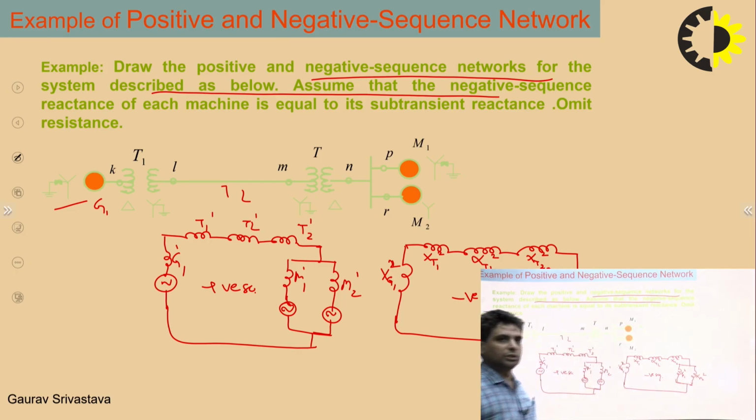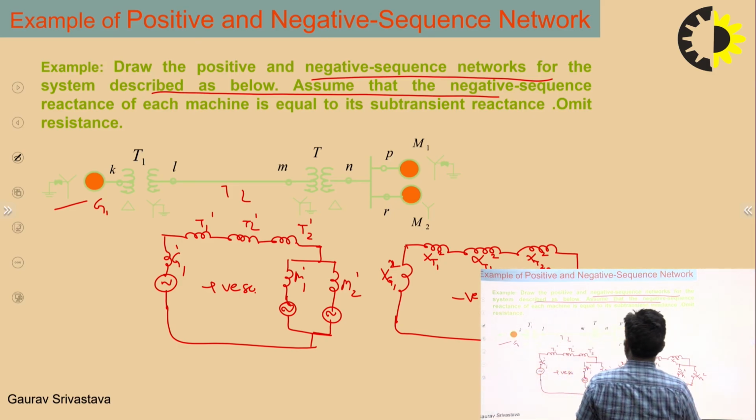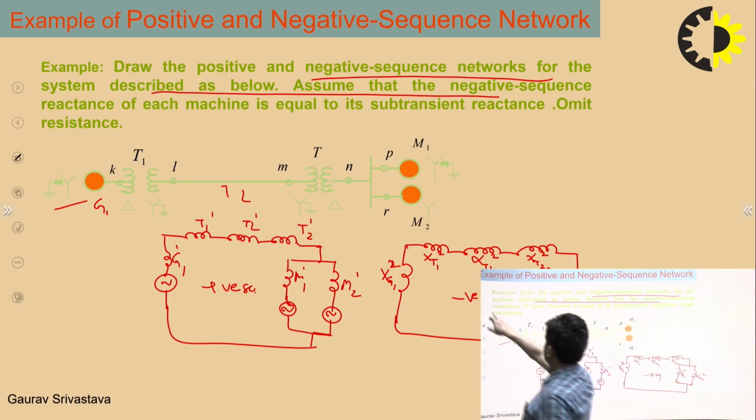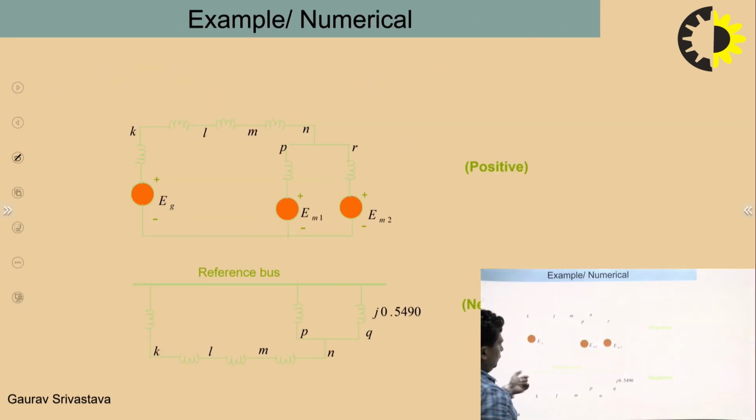So just using the simple diagram, just taking this. Okay, so here the diagram is shown simply: the positive comes with a voltage source, and the negative also.